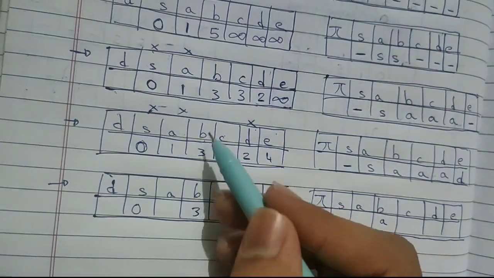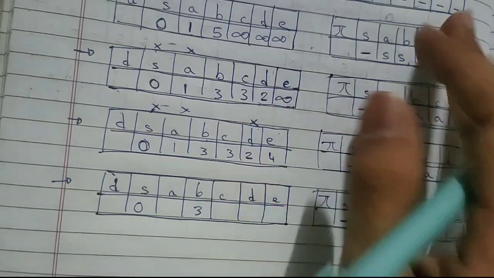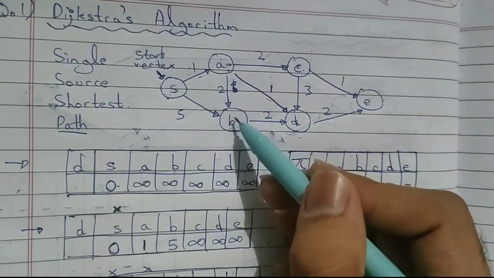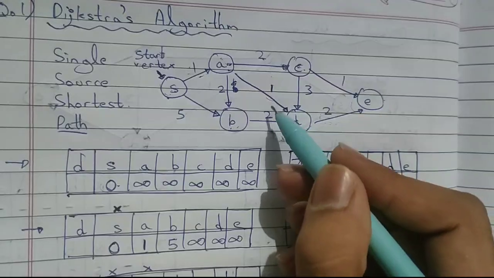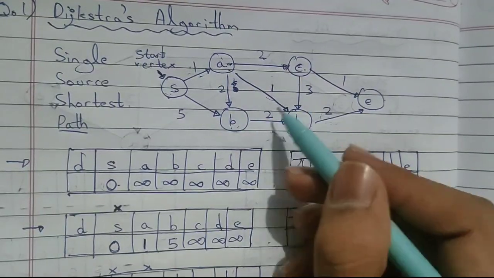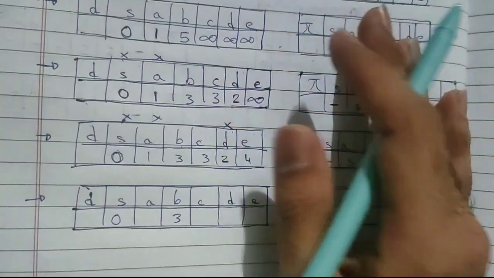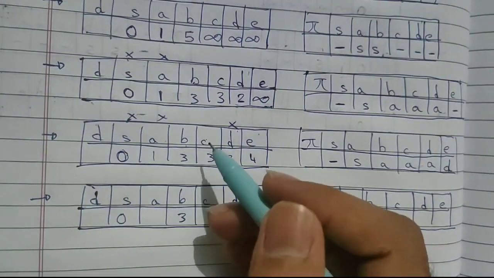and now let's have a look at B. As you can see, from B we can only reach one vertex, that is D, and the distance to B that we can get from the distance table is 3. So distance is 3. 3 plus 2 is 5.